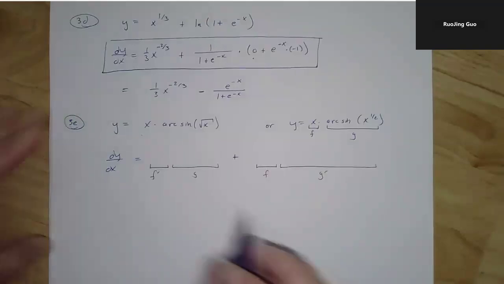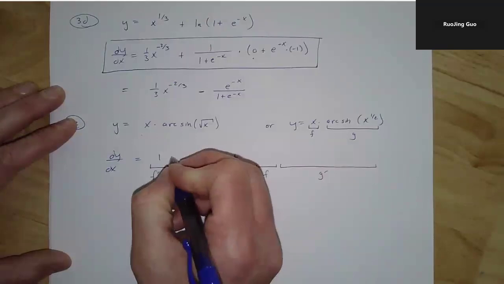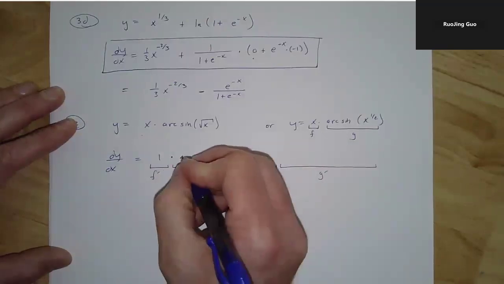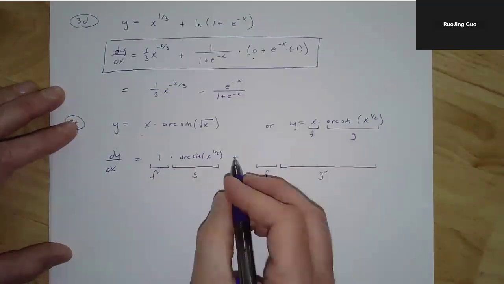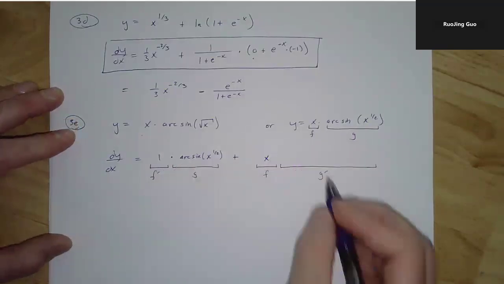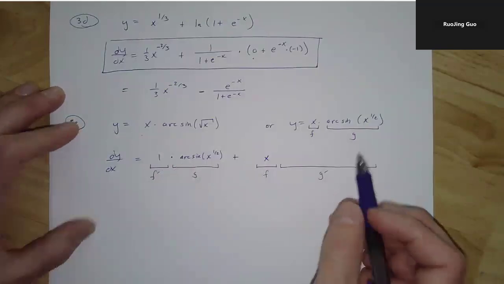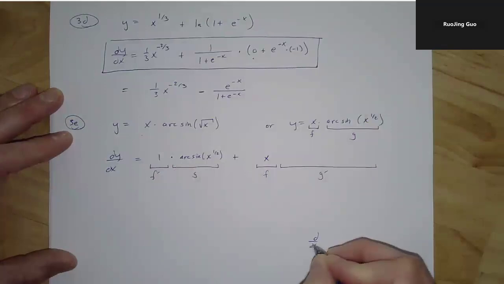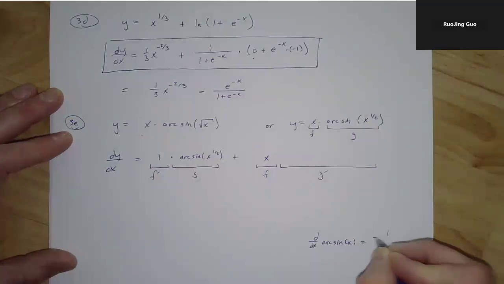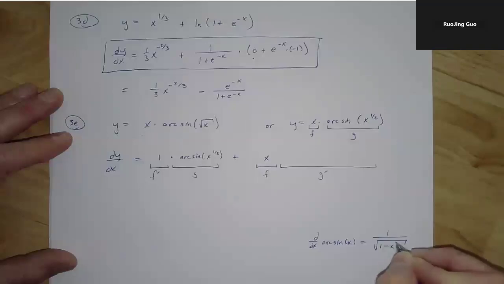That helps. So let's see. f prime is 1. My g is just the arc sine of x to the 1/2. My f is x. My g prime is where things get a little dicey. Recall that the derivative of the arc sine of just plain old x is 1 over the square root of 1 minus x squared.